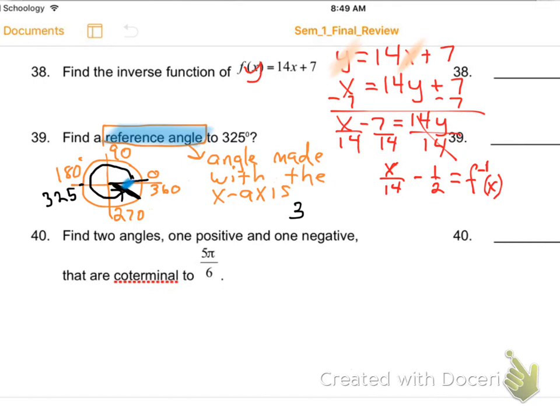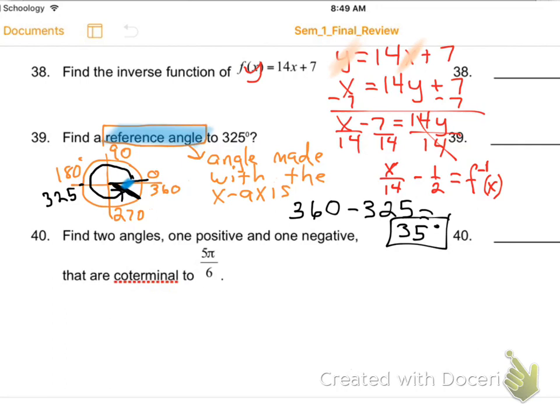I was short of that, so I have to take away the 325, and it will tell me what was left in between the two. So 360 minus 325 is 35 degrees. So the reference angle, or the angle made with the x-axis, is 35 degrees. Because if you combine the black portion that I went around and the blue portion, together they had to make 360.